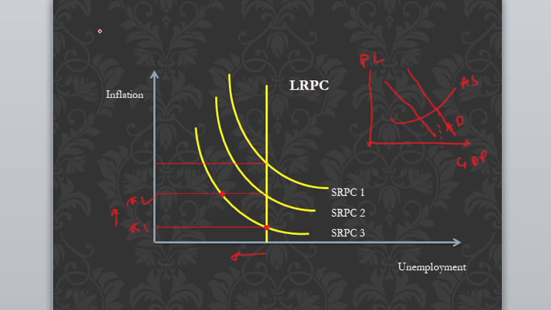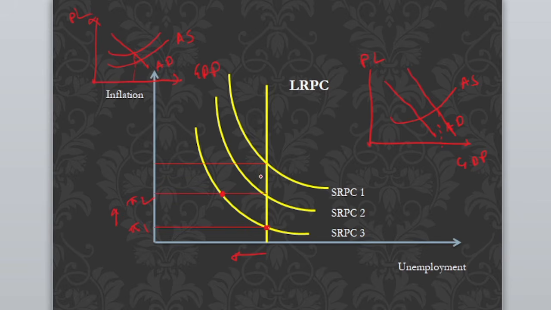And for the cost push, if we draw the curve, this price level, this is the aggregated demand and this is aggregated supply. For cost push, the supply curve will shift upward. In that case, the GDP will decrease, but the price level will increase in the same way as previously.